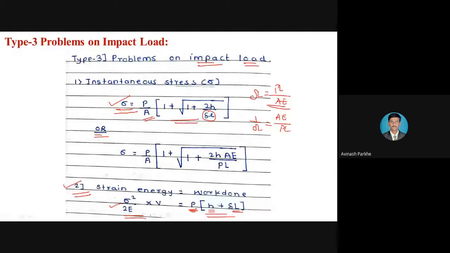Therefore this distance is considered as capital H plus delta L. If that load is falling from a certain height on another component, then the deformation of that component takes place in the downward direction, which means that the load has traveled this delta L amount of distance. That means H plus delta L represents the total displacement of that movable load, and if I multiply that total displacement by P, that is the force, then I will get the work done.